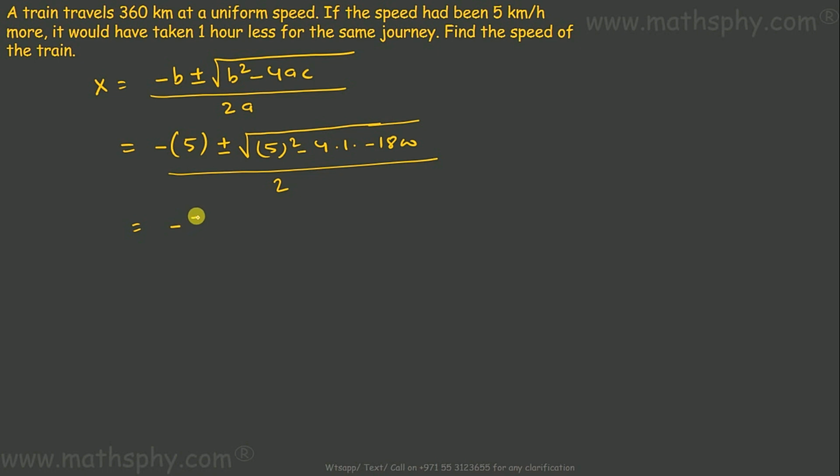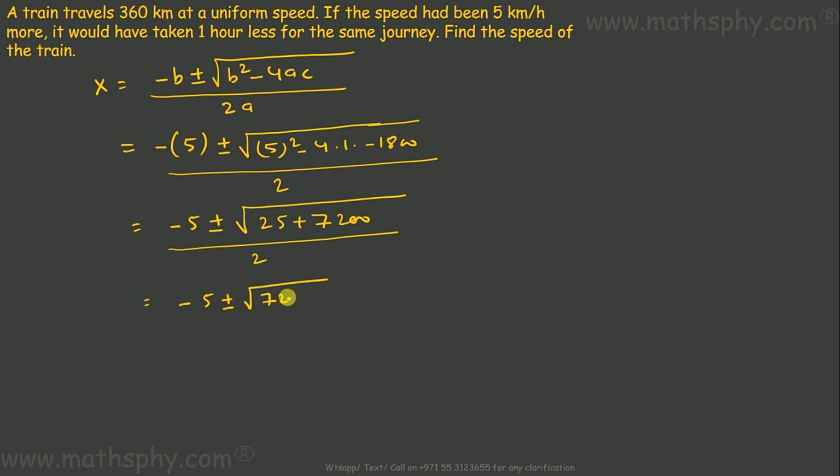So this will be negative 5 plus minus root of 25 minus minus, plus 7200, over 2. So minus 5 plus minus root 7225 over 2. So negative 5 plus minus 7225 comes out of root, becomes 85, over 2.